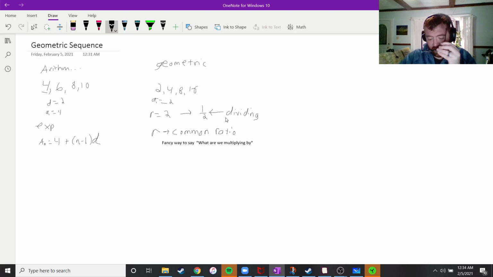So when it comes to geometric sequences, we actually have the same two types of equations as we had before. We have a recursive formula, and we have the explicit.